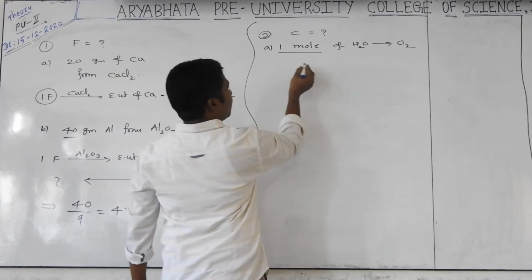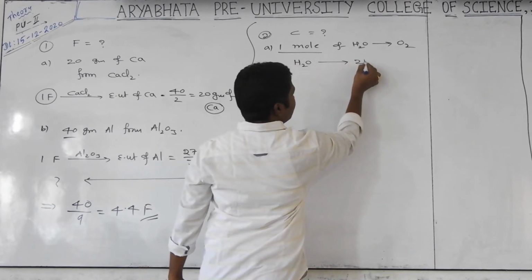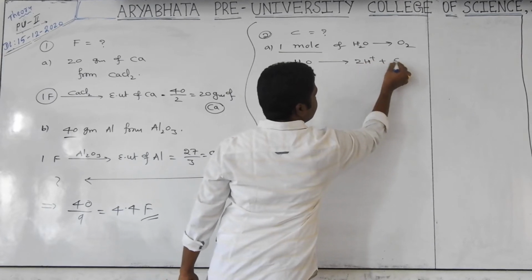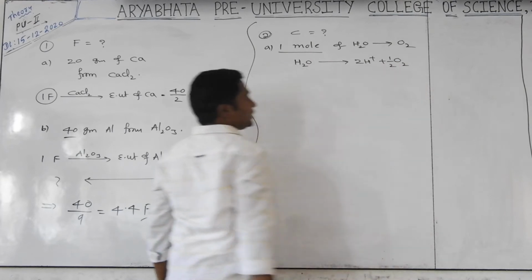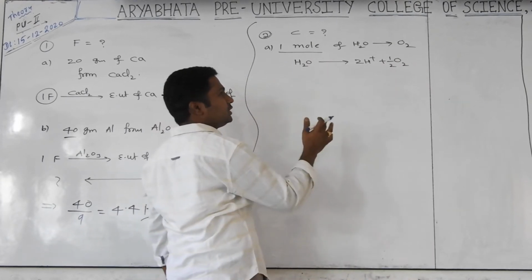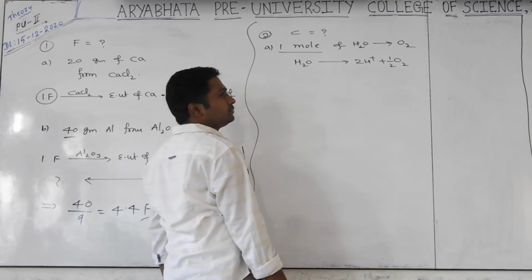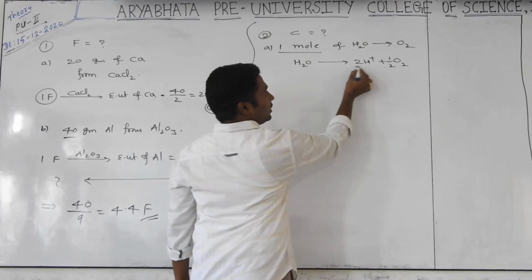Anybody? Write the water decomposition: H2O decomposing into 2H+ plus oxygen. How many moles? Half a mole of oxygen. Is it clear? Anyway, it is undergoing oxidation. Under oxidation, how many electrons change? Plus 2, na?